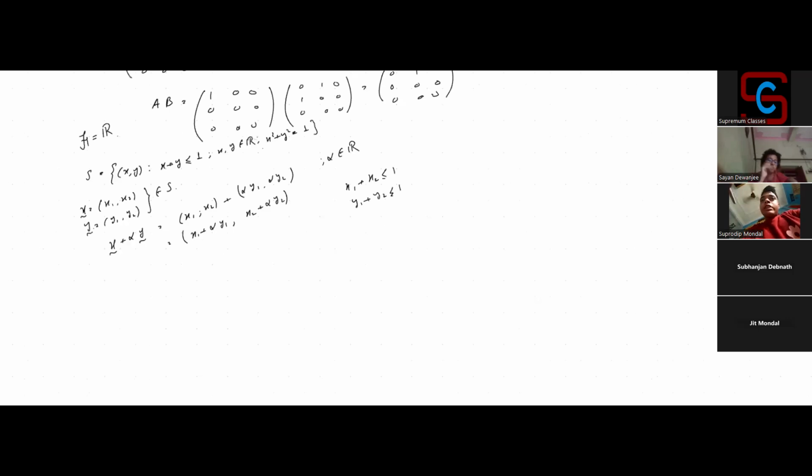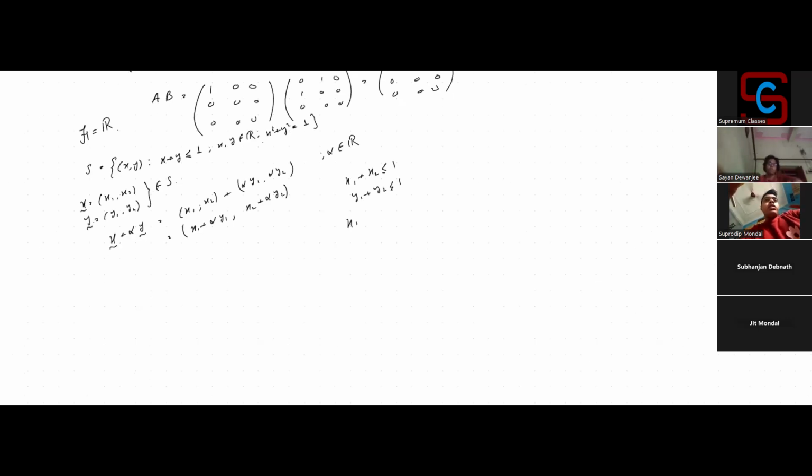Then x1 plus y1 plus alpha into x2 plus y2 does not necessarily have to be less than 1, because if we choose alpha so big, it can be greater than 1.